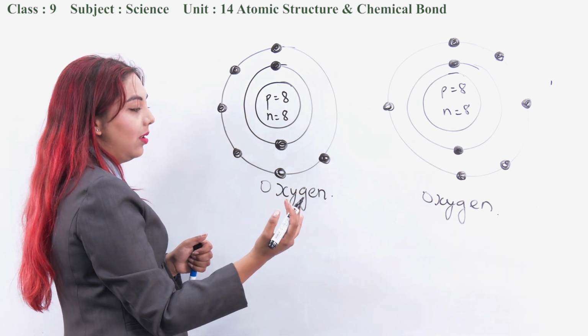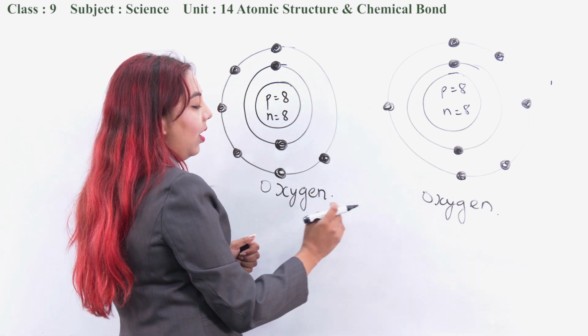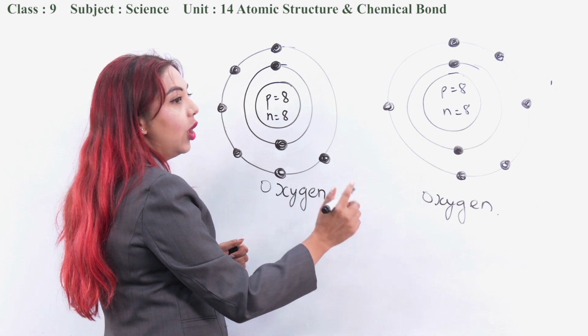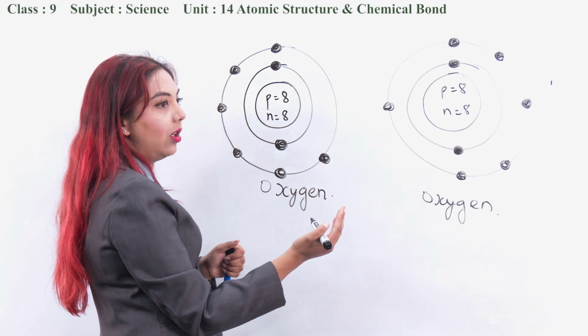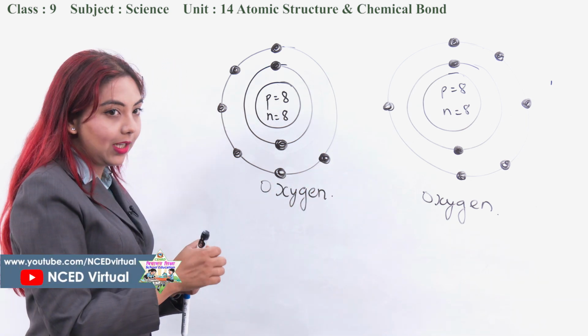So both atoms of oxygen share 2 pairs of electrons with each other to reach the stable octet state.